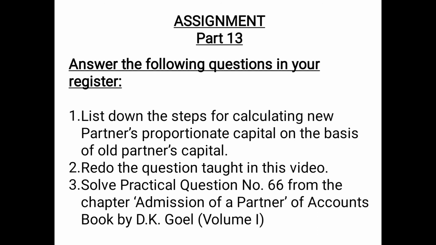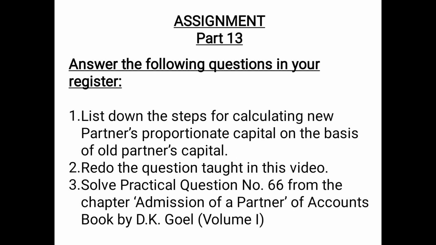You will multiply it with new partner's share, or either you can combine step number 2 and step number 3. You can simply apply the formula total adjusted capital of old partners multiplied by reciprocal of the remaining share multiplied by new partner's share. It is up to you.